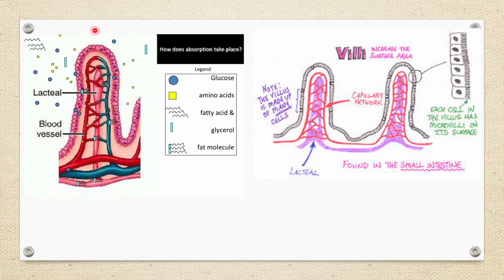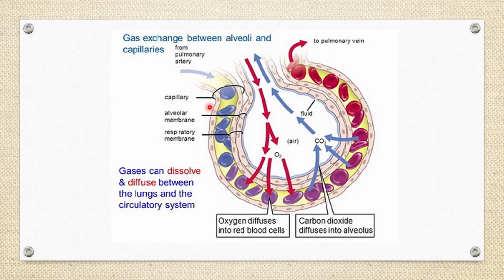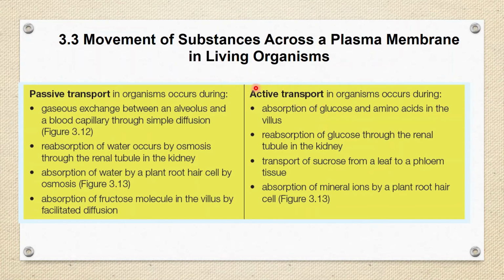So these solutes have to diffuse in against the concentration gradient. So this has to happen through active transport. That means with the expenditure of energy, ATP is required to transport these substances against the concentration gradient.